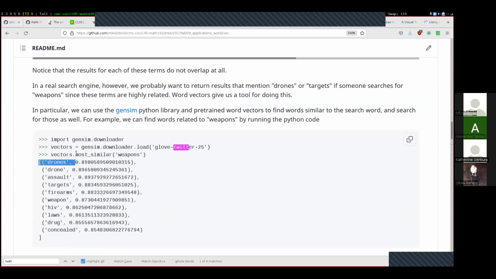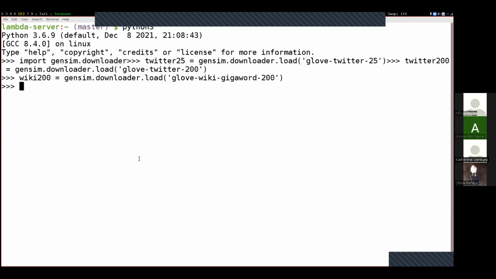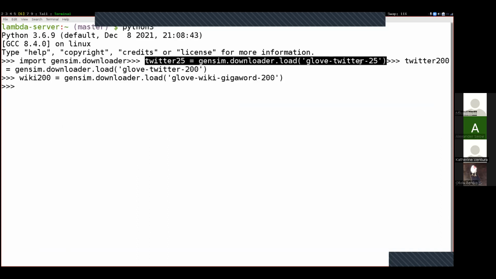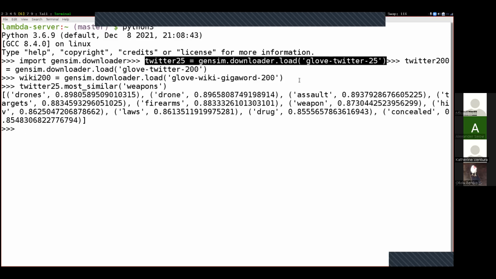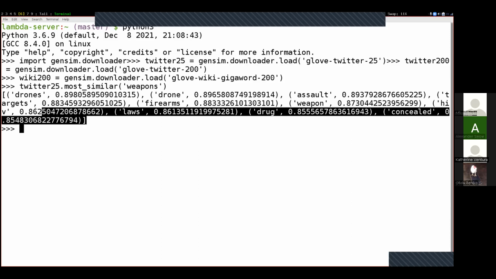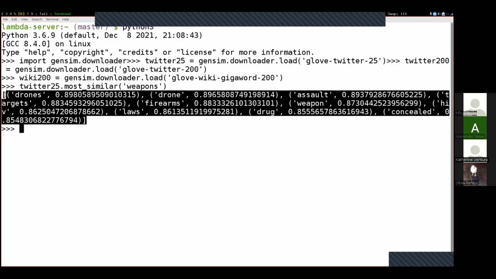The first thing I'll do is run most_similar on the word weapons on that model. These models are just the word vectors themselves. This is the result that we get back.